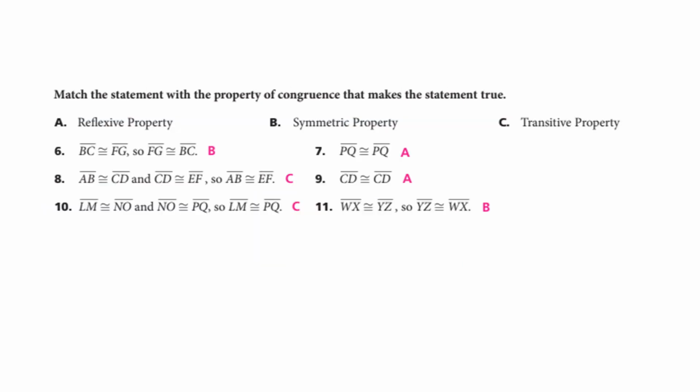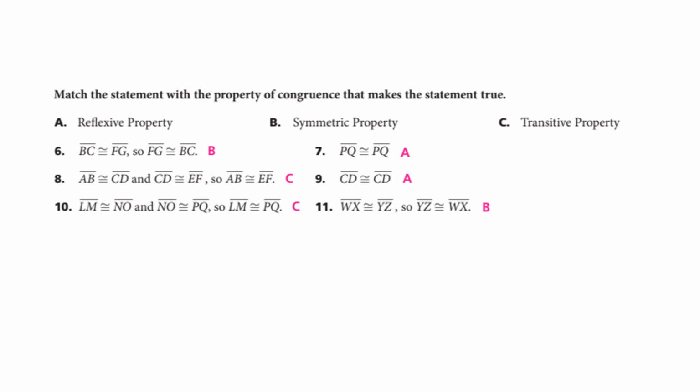Let's try to understand, and we will see which one of them is the reflexive, symmetric or transitive property. Here, if BC is congruent to FG, it means FG is congruent to BC. They are congruent to each other and we just interchange their places.